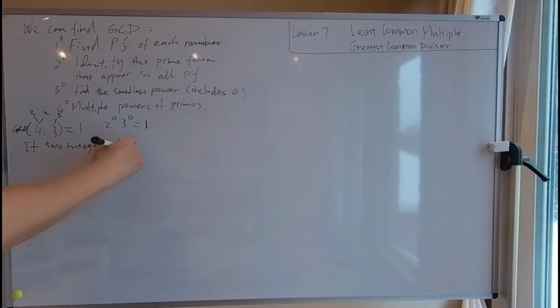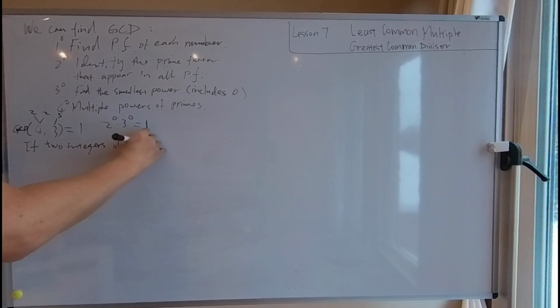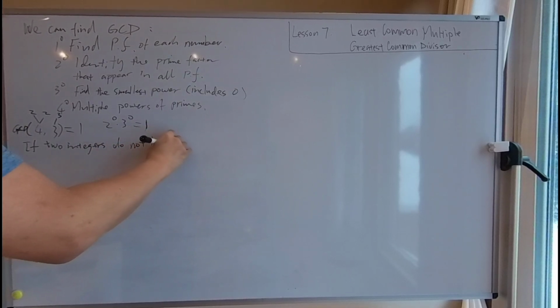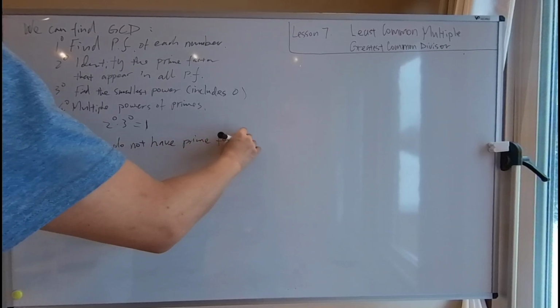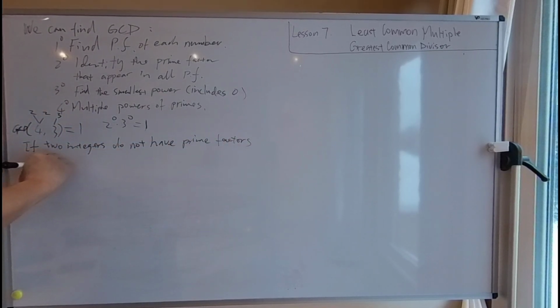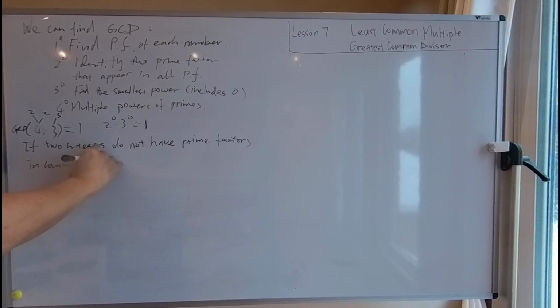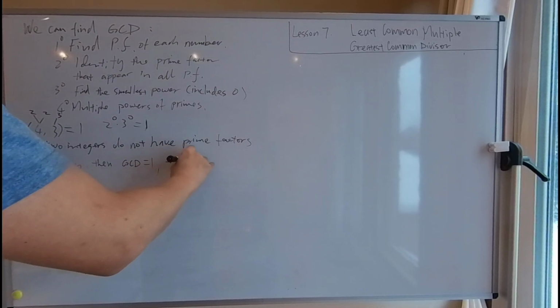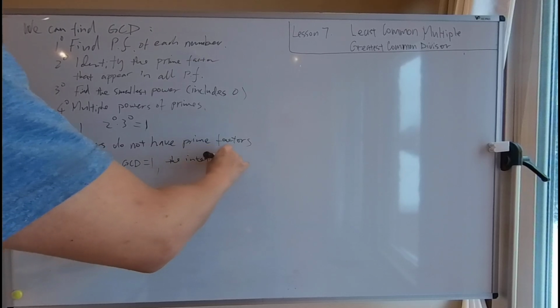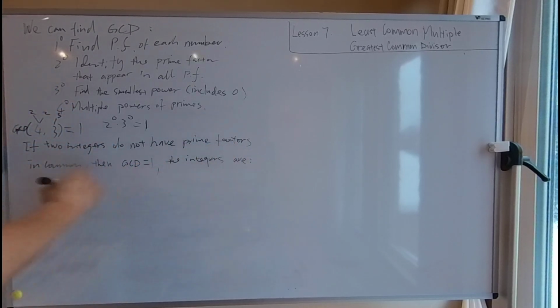So if the two integers do not have prime factors in common, then their GCD is always equal to 1, and we call the integers relatively prime.